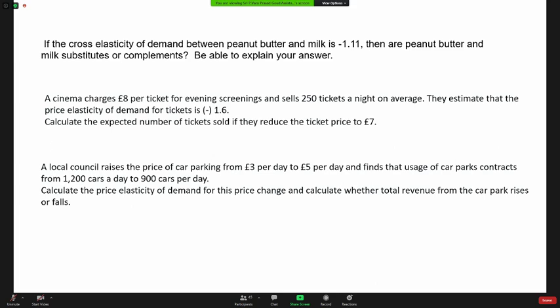We have got the negative value for the cross elasticity of demand, and we will get a negative value for complements. Why? Because the curve will be downward sloping, and there is a negative relationship. So that's why they are said to be complements. Very good. Not just looking at butter and milk.